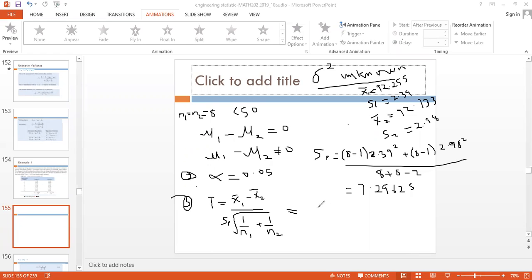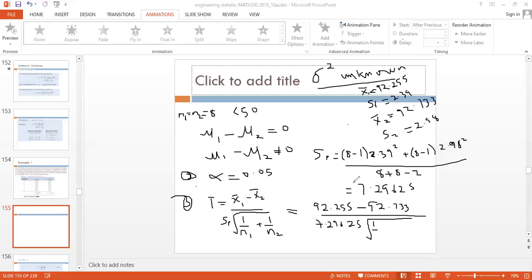So we substitute this into the formula. This will be x1 bar is 92.255 minus x2 bar, which is 92.733, over our output, which is 7.29625, times the square root of 1 over... oh sorry, we didn't find the square root of it.